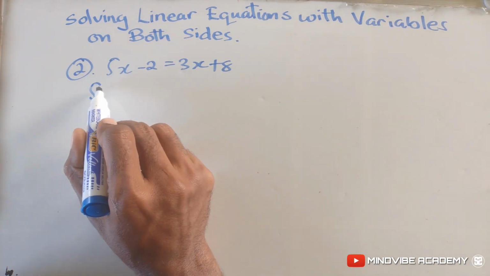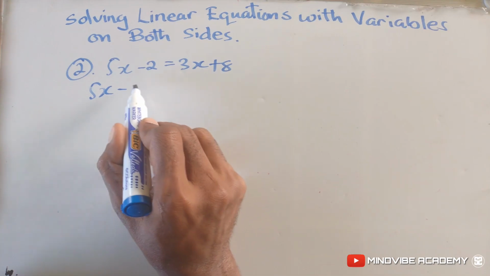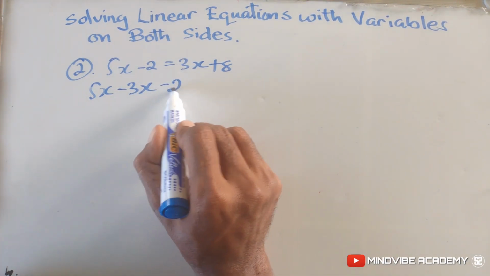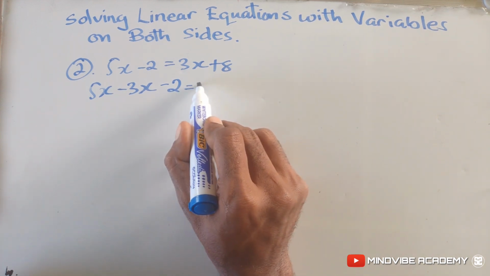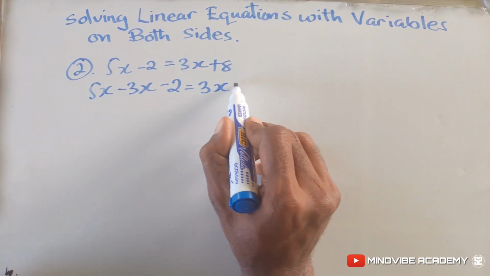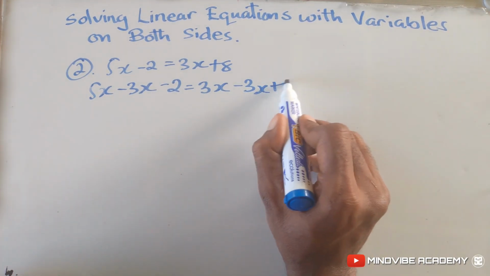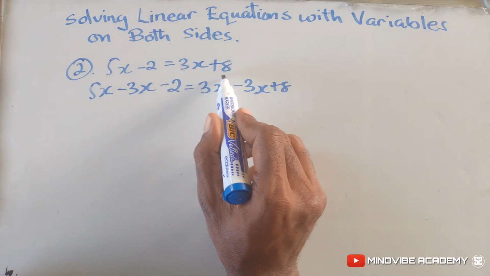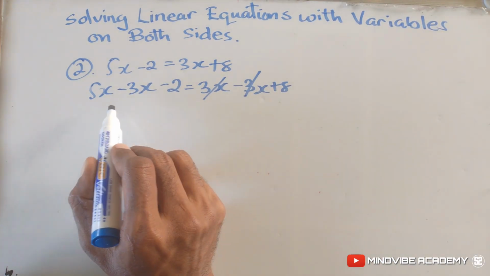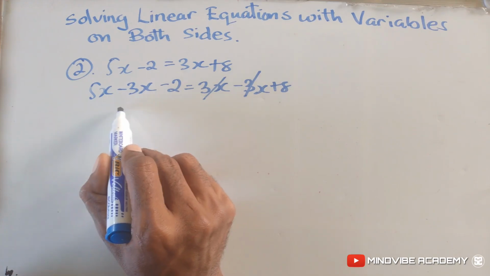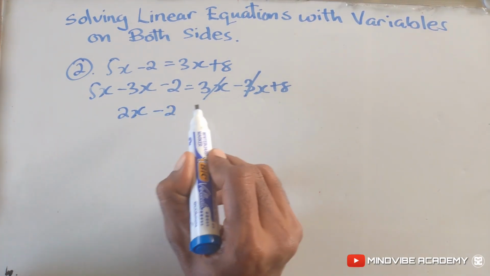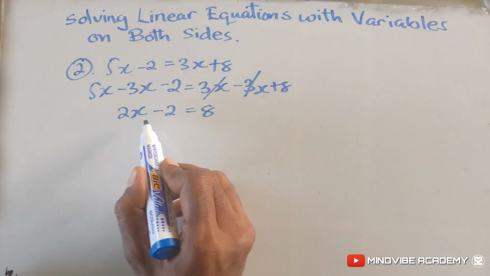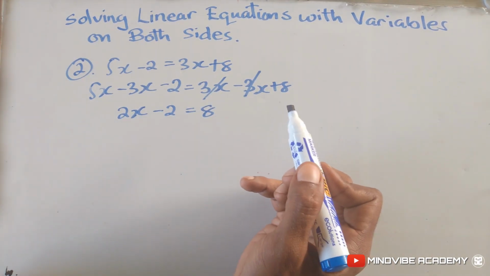So we have 5x minus 3x minus 2 is equal to 3x minus 3x plus 8. The 3x and 3x cancel out, and we have 5 minus 3 is 2x minus 2 is equal to 8. So now we have 2x minus 2 is equal to 8.